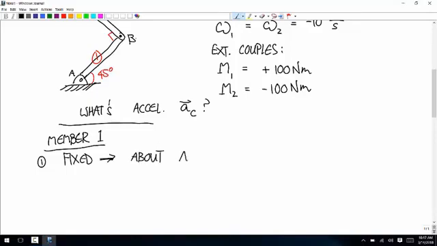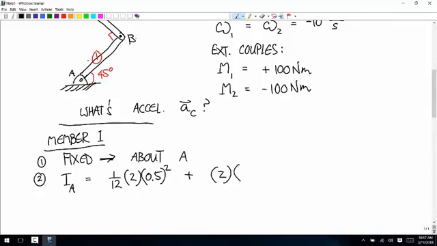So we're going to go about the point A. The moment of inertia about A is 1/12 times the mass of 2 times the length squared, 0.5 squared. We wanted about A, so we also have to use the parallel axis theorem part. This would be the moment of inertia about the center of mass. So the parallel axis theorem part is the mass of 2 times the square of the distance from the center of mass to the about point.